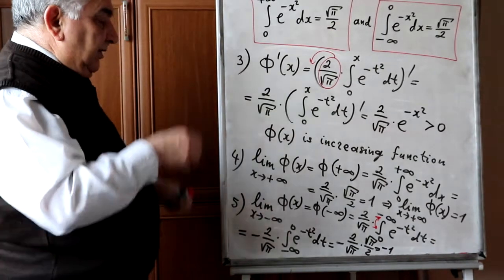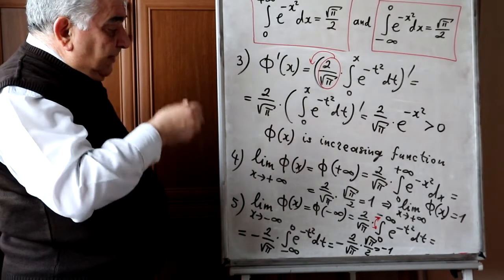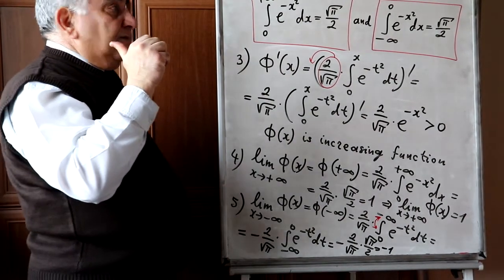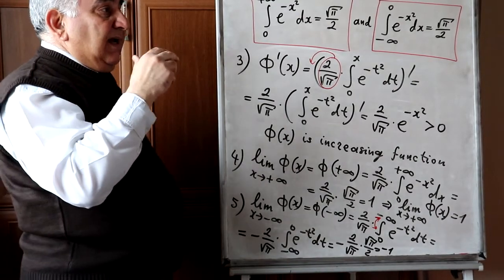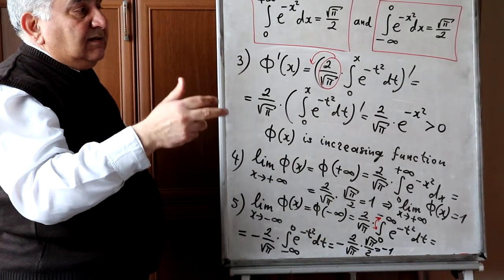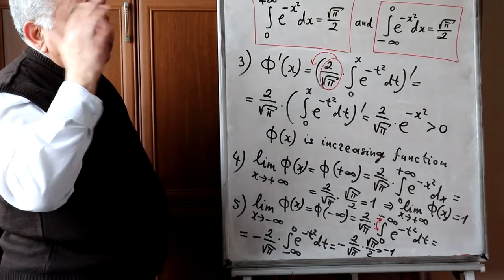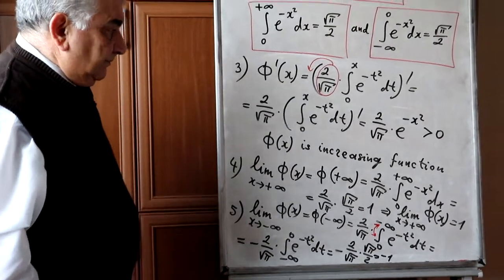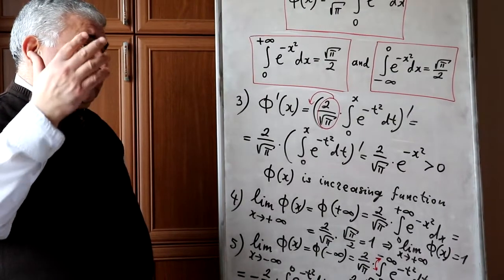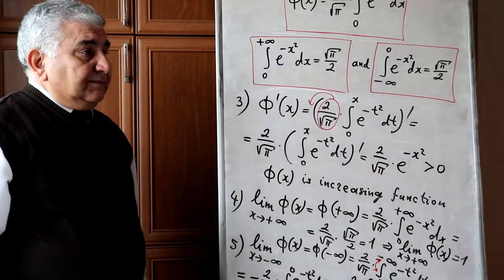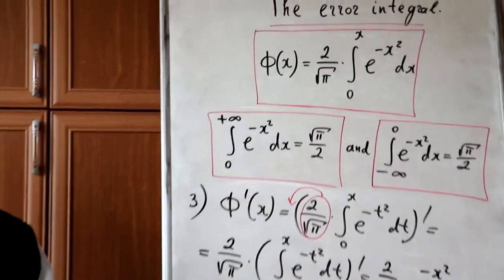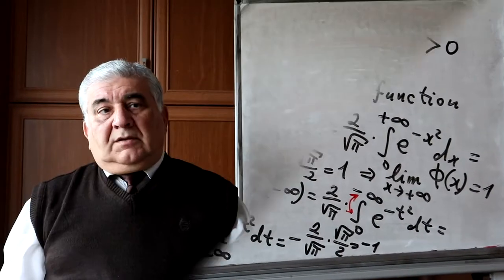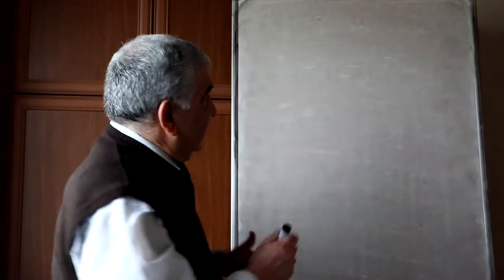And already you see that at minus infinity the limit of the function of the error integral is minus 1. It means the line y equals minus 1 is also the second, or lower, horizontal asymptote. And then construct the graph of the error integral. Finally, construct the graph of the error integral.